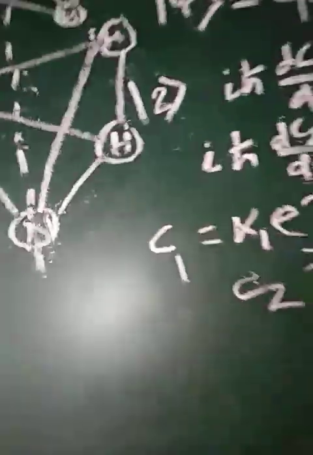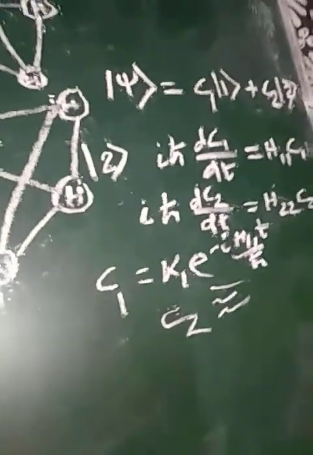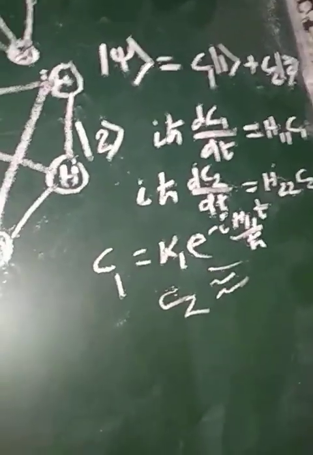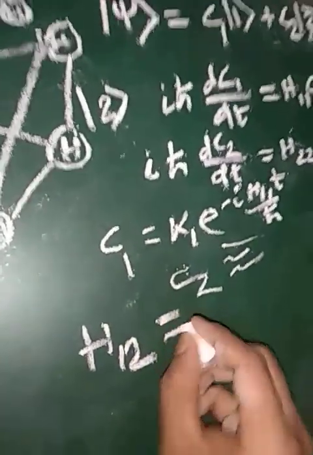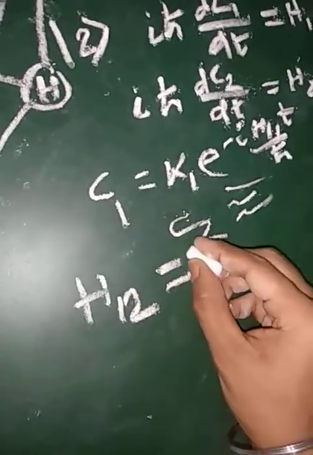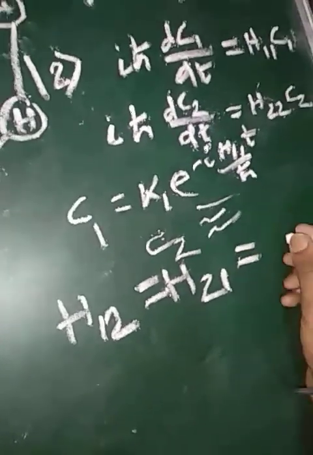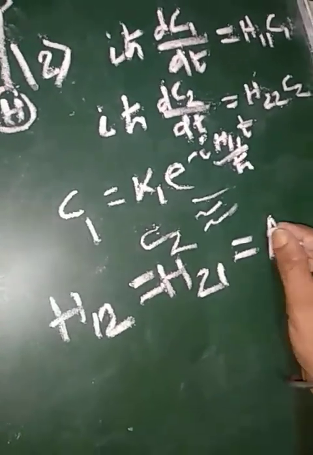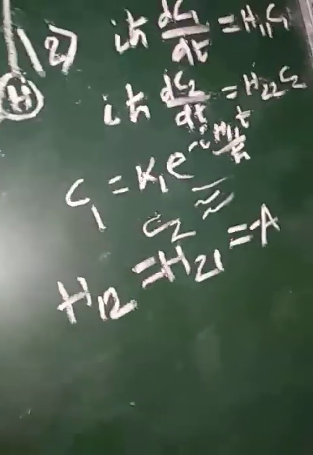So we attribute to that a term called A, and A will give the Hamiltonian from 1 to 2. So H21, by symmetry, is equal to A, or minus A, you can write it. By writing it as minus, we go along with the conventions.